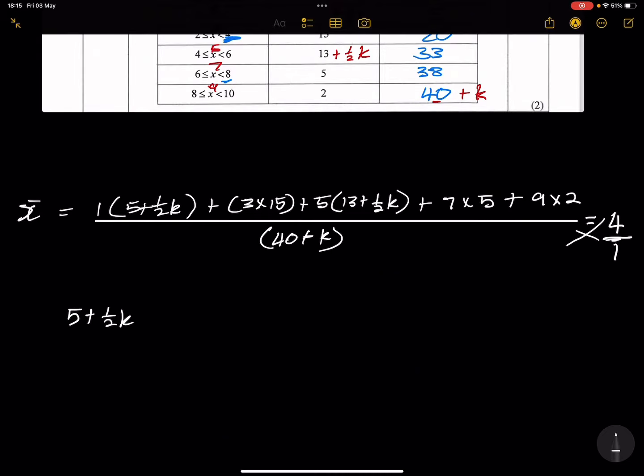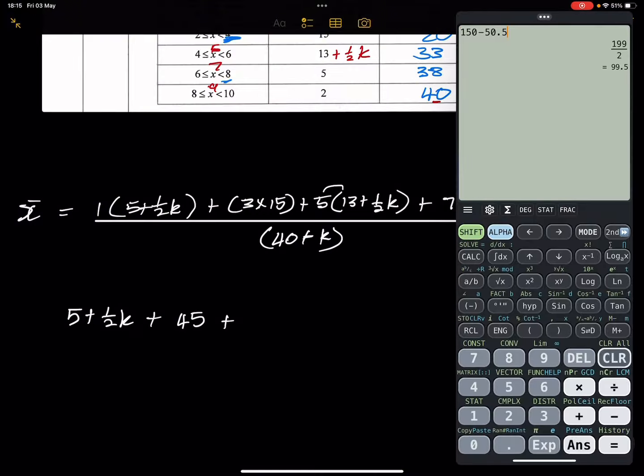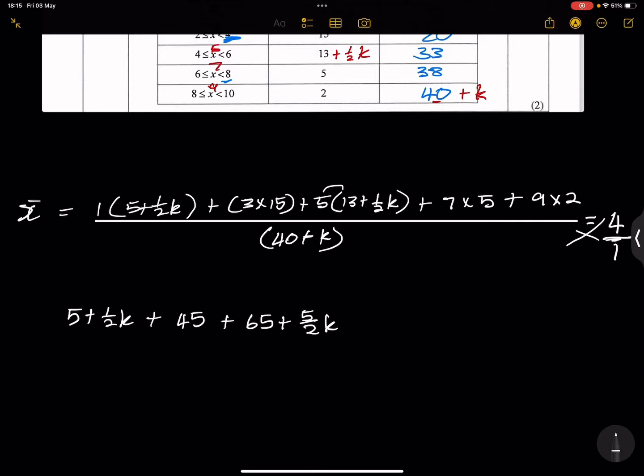We're going to deal with everything that has k in it. 3 times 15, that's 45, plus 5 times 13, that gives me 65, plus 5 over 2k, and then plus 7 times 5 is 35, plus 18, and all of this will be equal to 4 times 40 plus k, that's 160 plus 4k.